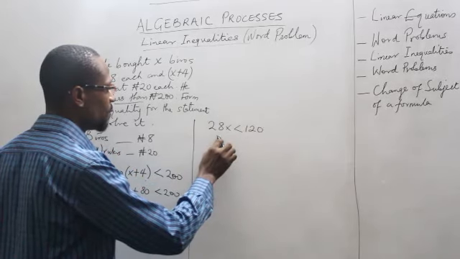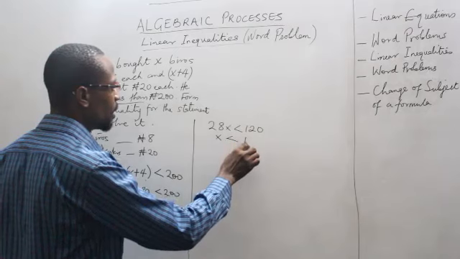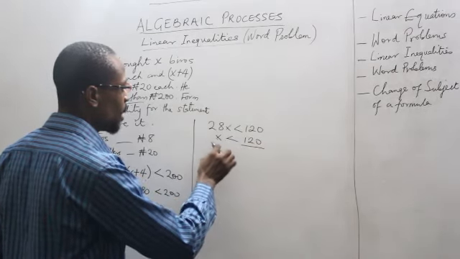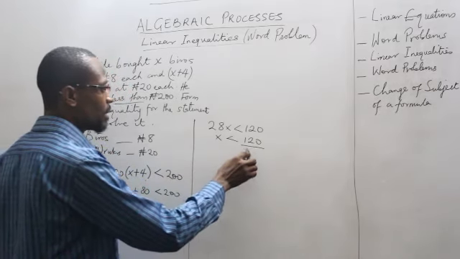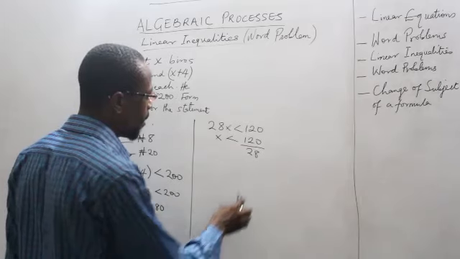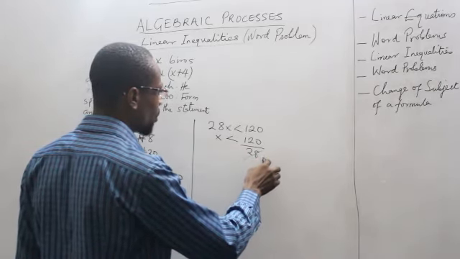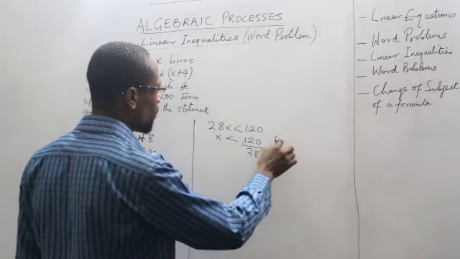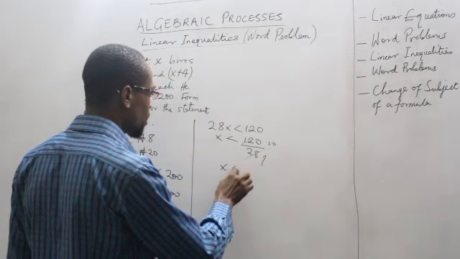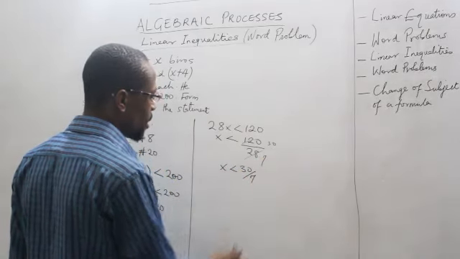We divide both sides of the inequality by 28, and that gives us x to be less than 120 divided by 28. 4 can go here to give us 7, and 4 can go here to give us 30. So x is less than 30 over 7.